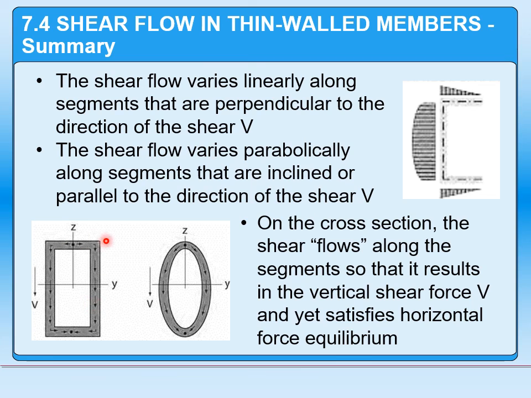So in these closed sections, it's going to vary linearly in our horizontal sections, and then become larger and larger in our vertical sections. And of course, it's always going to be maximum at the neutral axis.